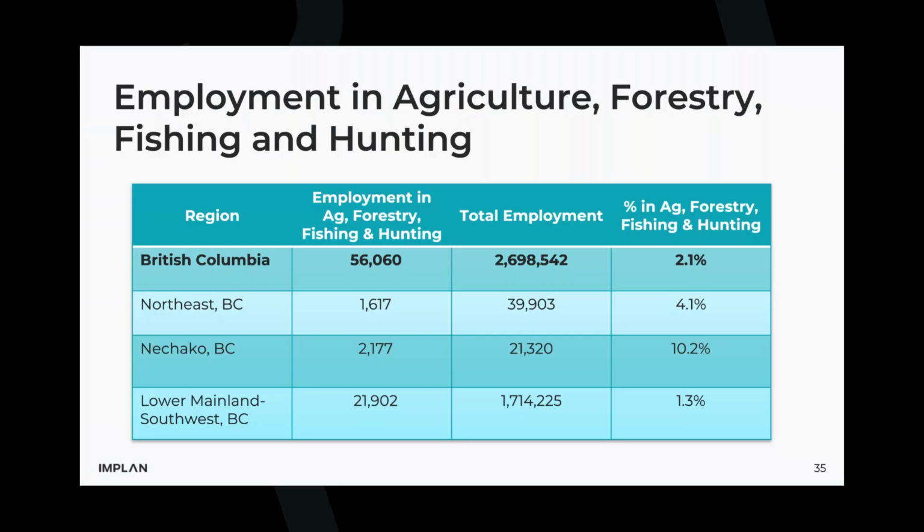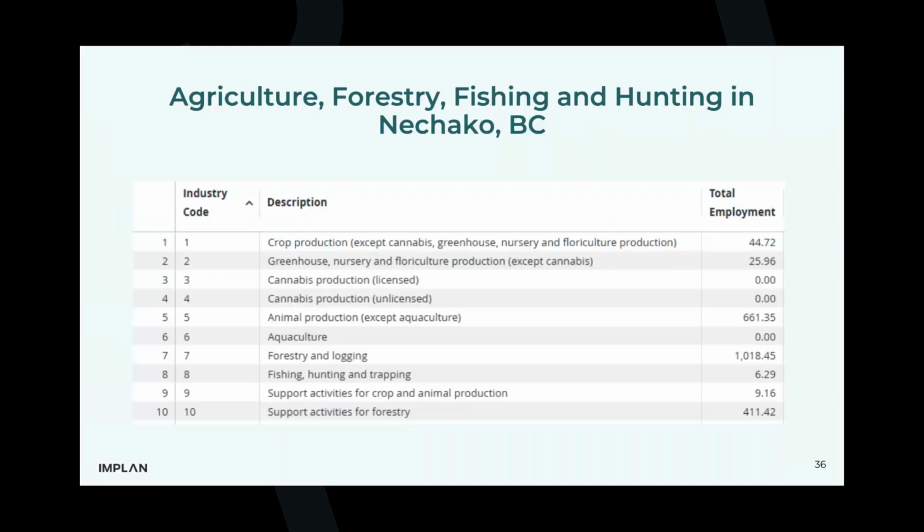Again, with the industry detail that we have in IMPLAN, we can dig into this data a little bit more, and we can see that forestry is the predominant employer with more than 1,000 jobs. We can also see here that the support activities for forestry industry also has about 400 jobs.